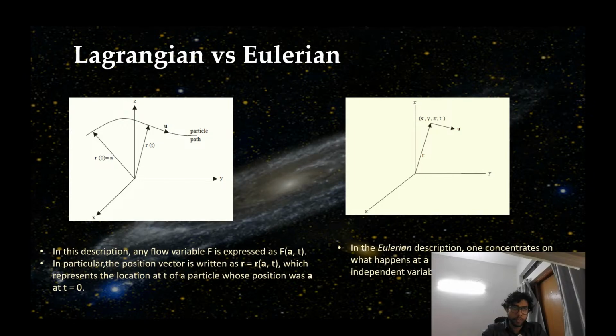Now, one way you can determine the path is by following the particle itself. You follow the particle, and wherever the particle goes, you go along that trajectory and you trace out that path of the particle.